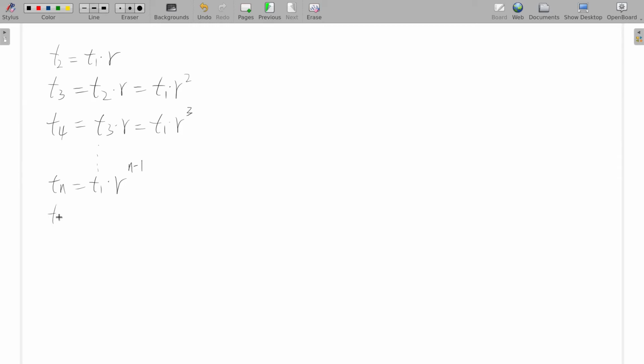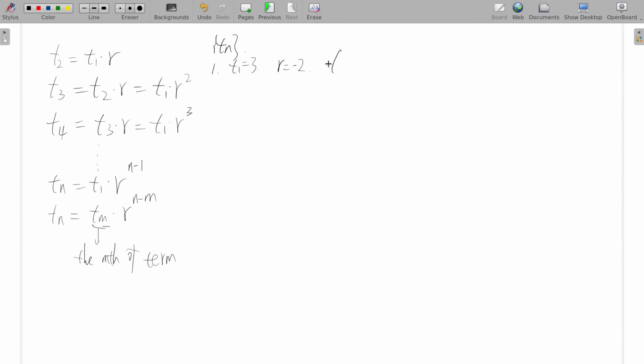We can also write Tn equals Tm times r to the power of n minus m. Tm means the mth term. For example, in the geometric sequence Tn, we know T1 equals 3 and the common ratio equals -2.